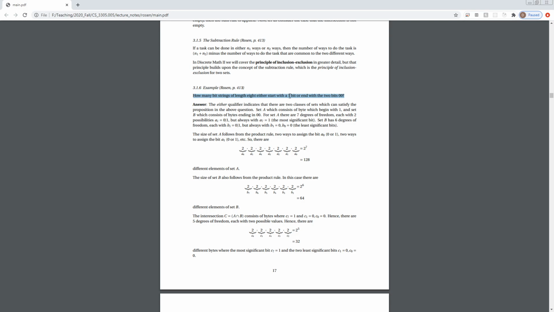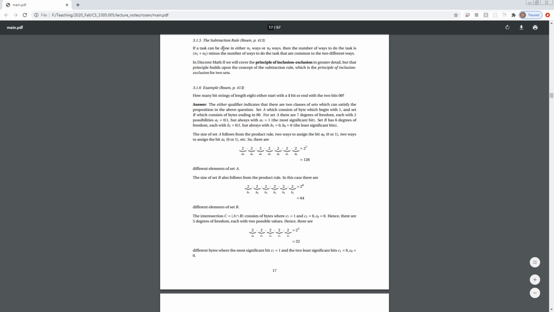So we want to know how many bytes out of the 256 possible unique representations of the 8 bits either start with a 1 or end with 2 zeros. And what we're going to see is that these possibilities are not necessarily mutually exclusive. It is possible to have a number that starts with a 1 and has 7 zeros right after it, and that would satisfy both conditions.